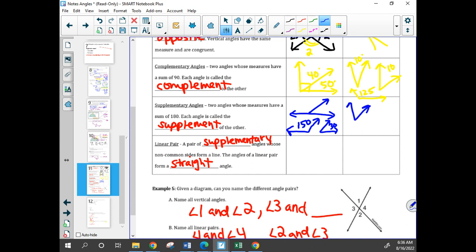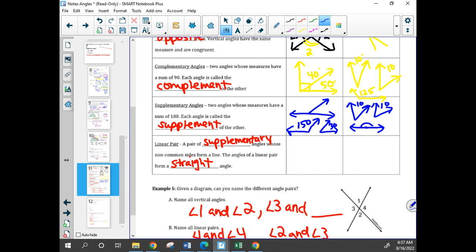So if we have too small of angles, that's not good. Or if you have, let's say, 10 degrees plus, let's give it another example, plus like 180 degrees. If you have a straight angle, it's not supplementary if you try to add it with something that's too big.